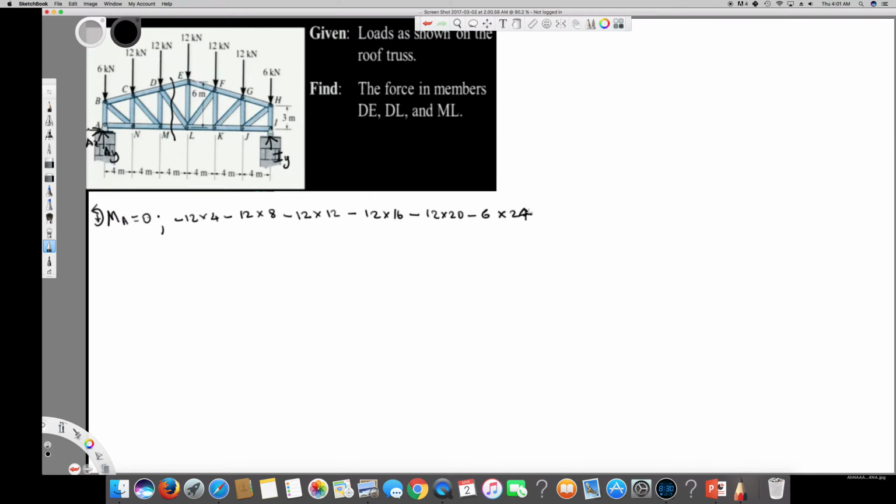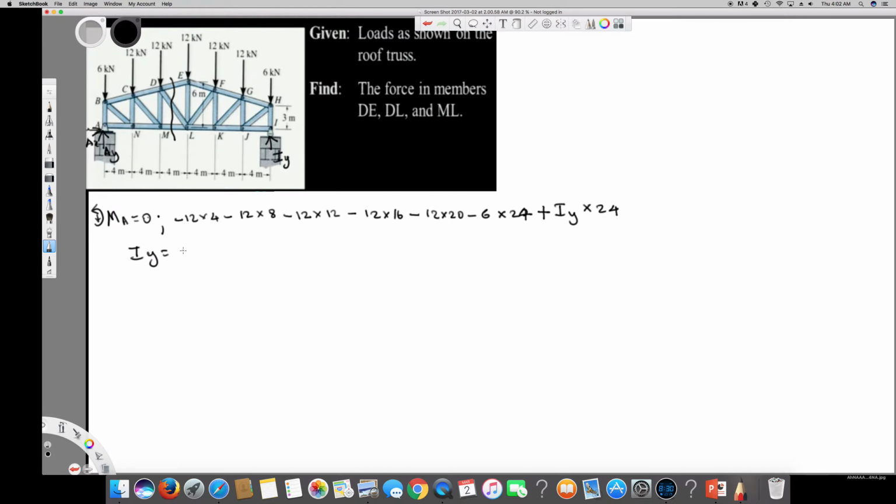Then we have Iy acting upside, so it's turning the object counterclockwise, therefore it's positive. Iy times that same distance is going to be 24. So from this I can calculate Iy.